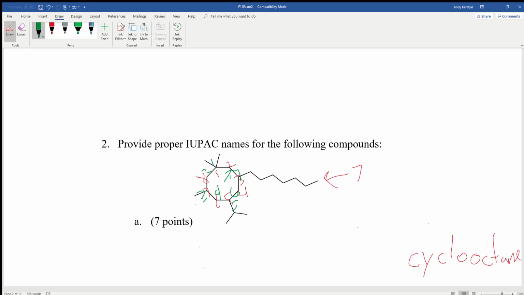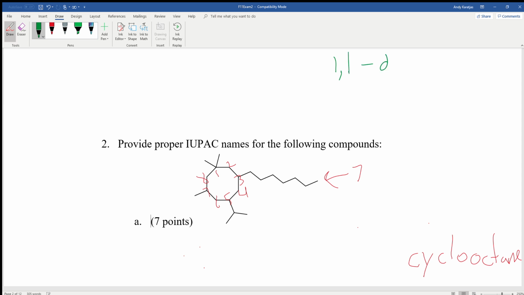And so, I'm going to delete all the green numbers now. If we go clockwise, so before we even move around the ring, our first 2 substituents, regardless of which direction we go, are the methyls. So we can disregard those for trying to figure this out.